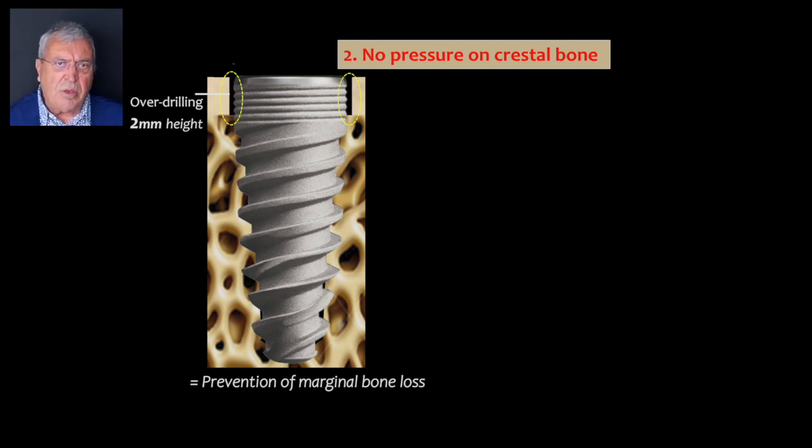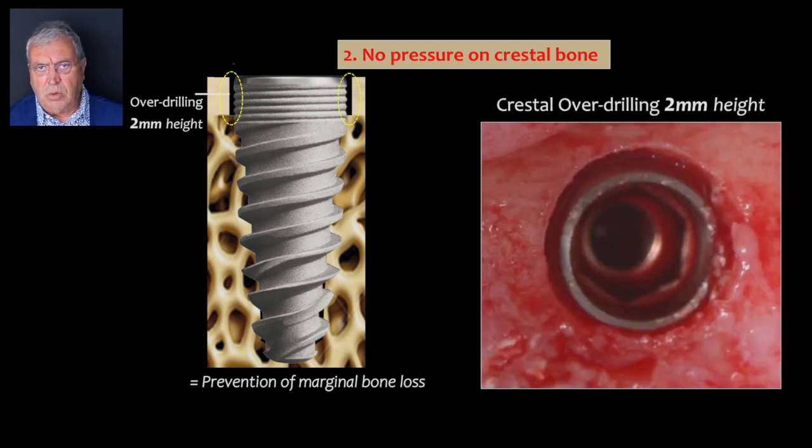We know that this space will be filled by a blood clot. And we know which quality we will get around the implant in this situation. We will get the best quality of bone, a vital bone. Then around the implant, we replace the cortical by a vital bone.